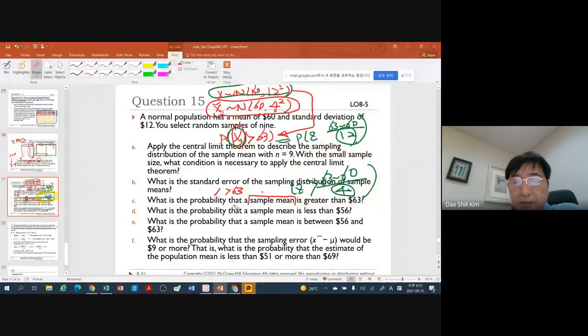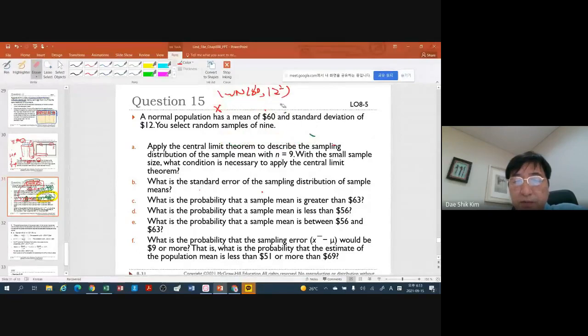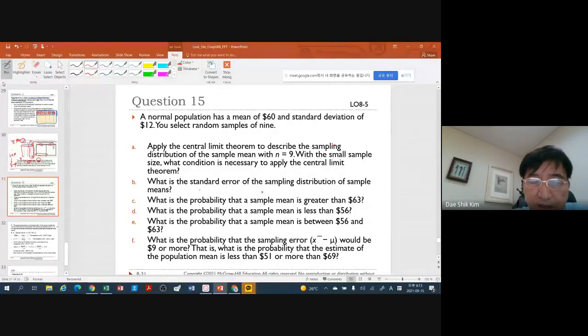I finished part C, and I will move to another one, part D. Now, when the sample mean is, the question is, X bar is less than 56. What is the probability of that?